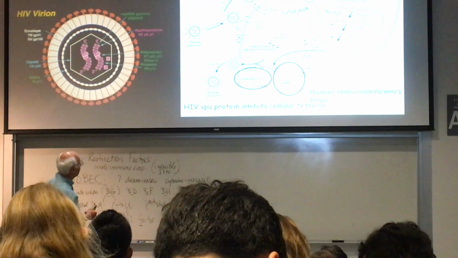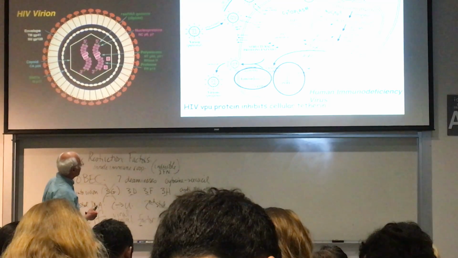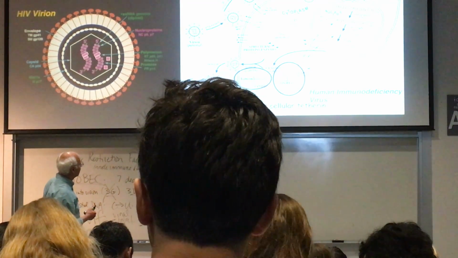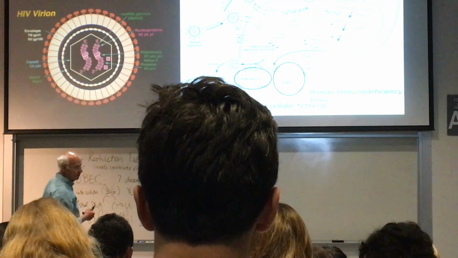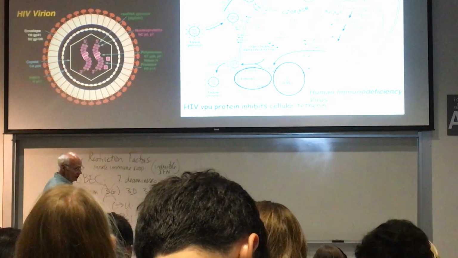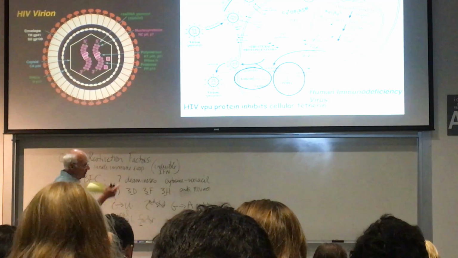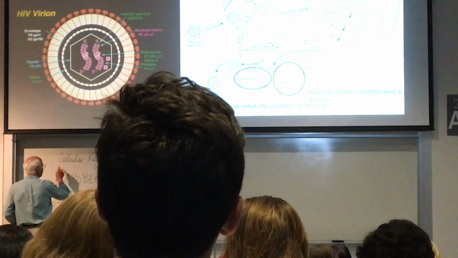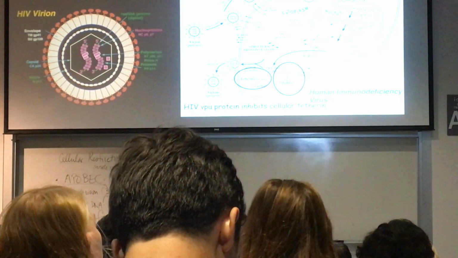So the viral gene expression makes this accessory protein VIF, the viral protein, that inhibits the cellular innate component to down-regulate that activity so the virus can replicate better. So ApoBec is one of the cellular restriction factors.